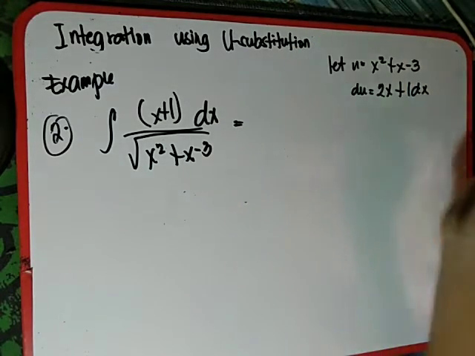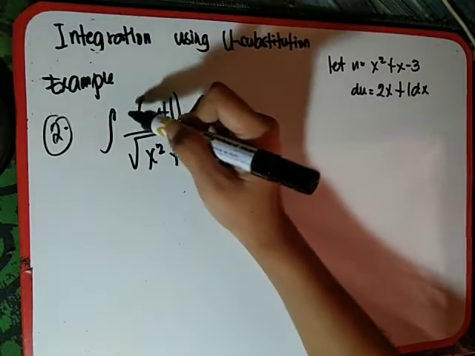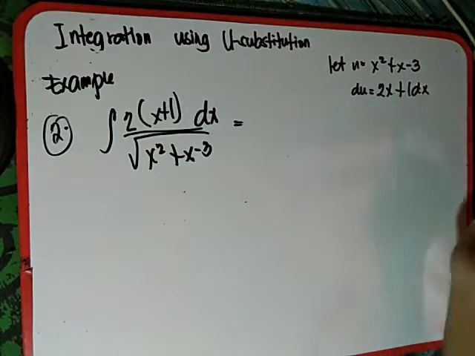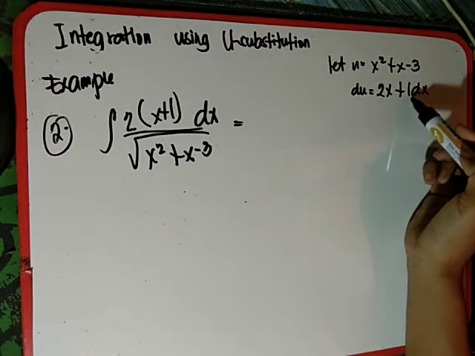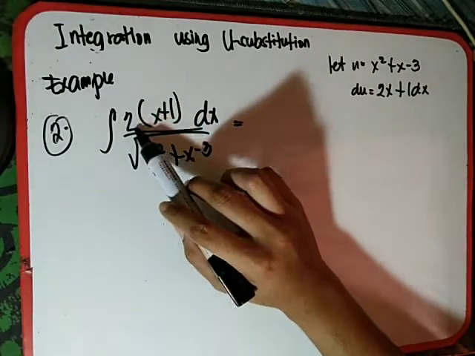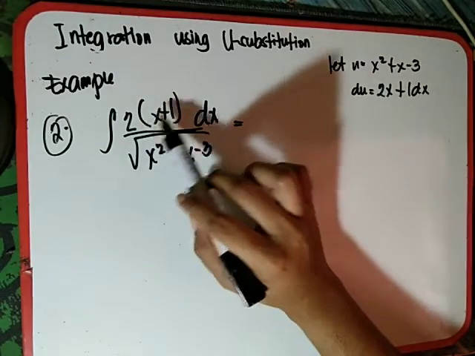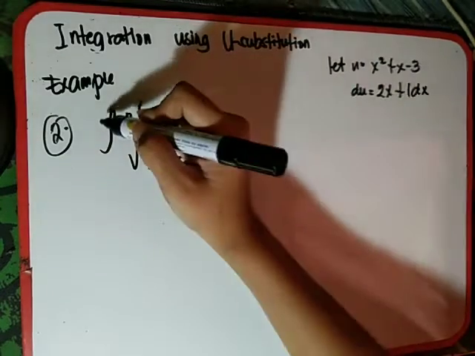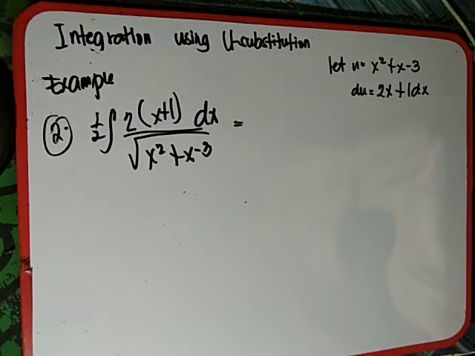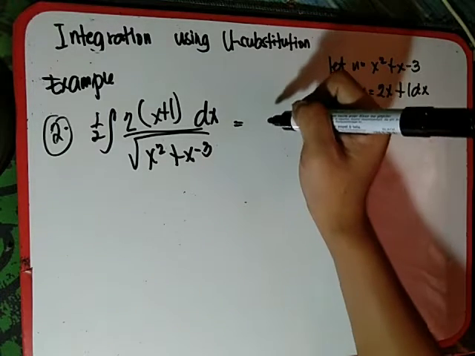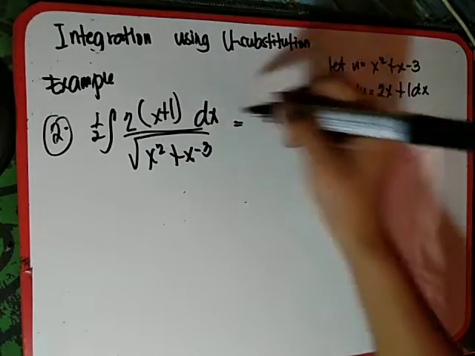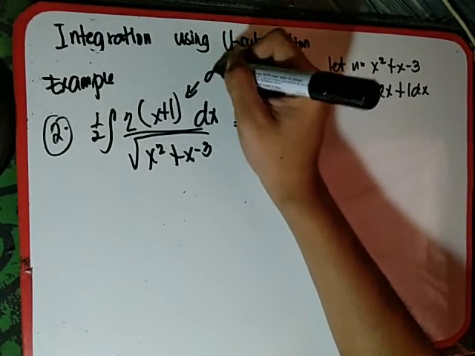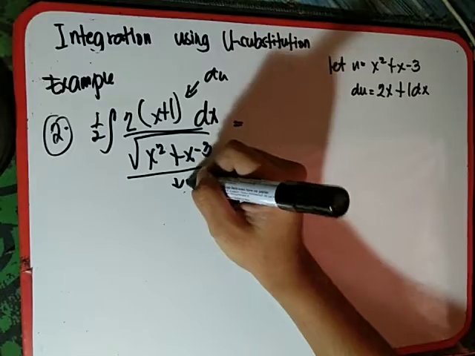So we have to add here 2 because our du is 2x plus 1, so we have 2 times x is 2x plus 2 times 1 is 2, and then 1 half. This is our du and this is our u.